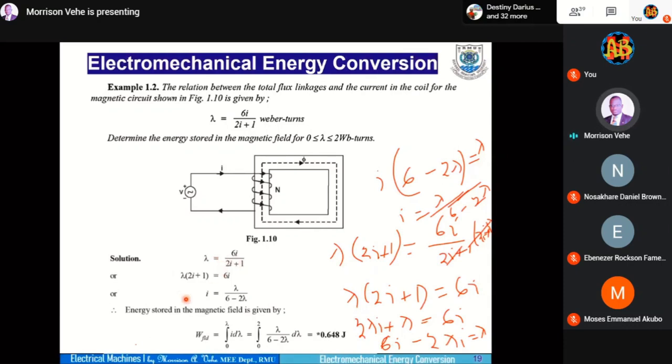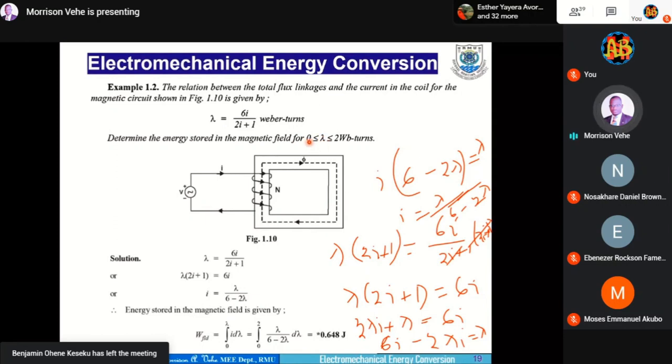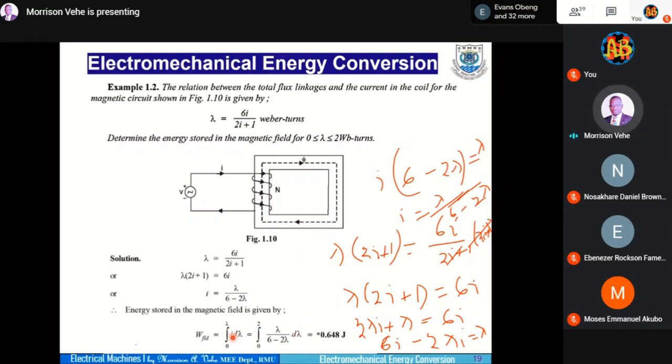In terms of currents, you want to use what we have just written. We are asked to determine the energy stored in the magnetic field, and we are given the idea that the flux linkage lies within 0 to 2 Weber. So it's better you look at it in terms of currents.